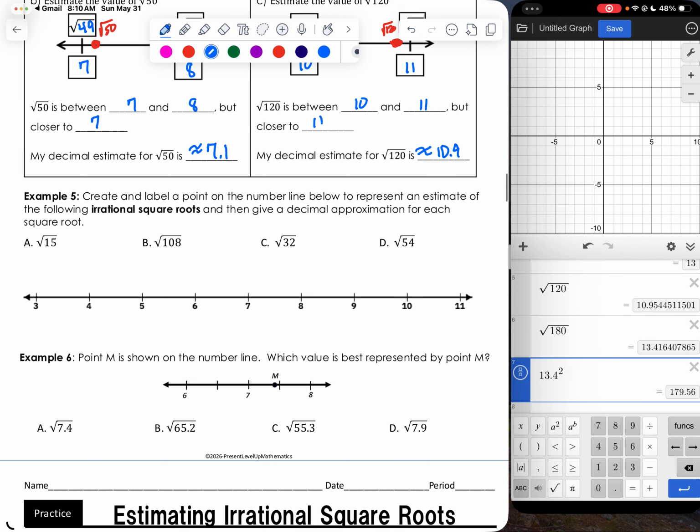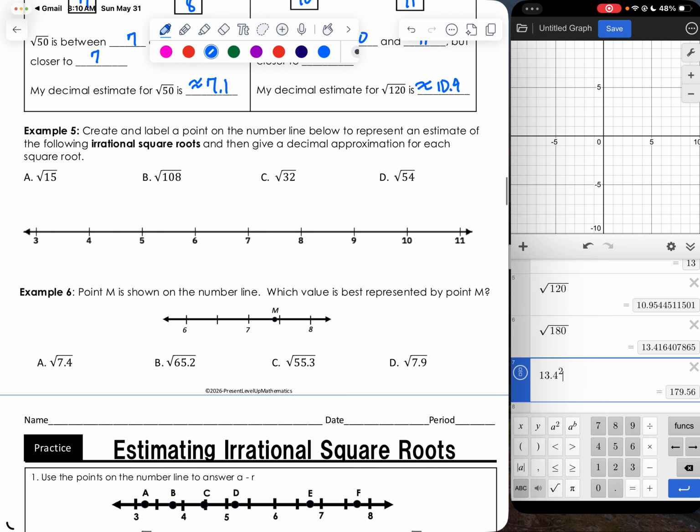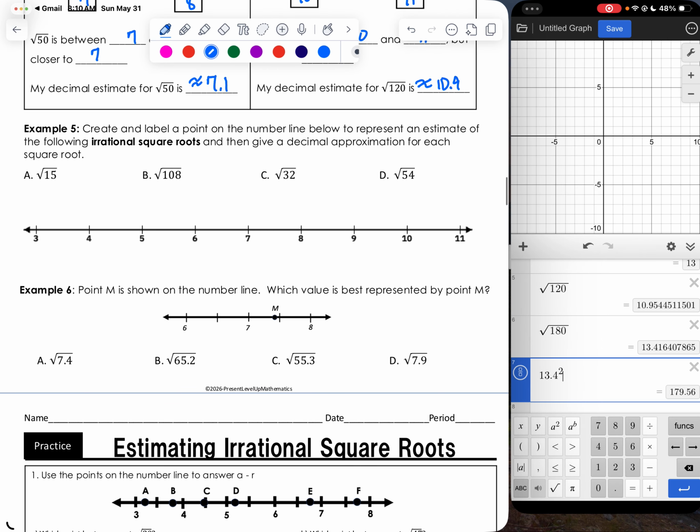All right, example 5. Create and label a point on the number line below to represent an estimate of the following irrational square roots, and then give a decimal approximation for each. Before I plot these irrational square roots, I've got a number line here, and what I want to do is put my perfect squares on the number line.